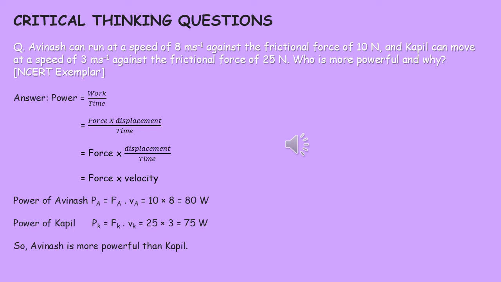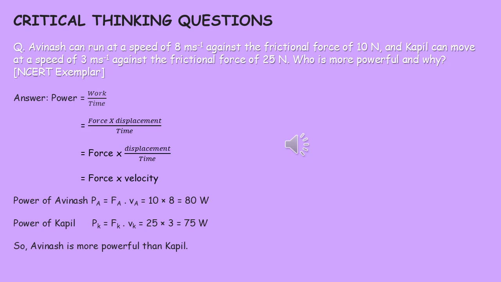And we know that work done is calculated by the formula force into displacement. But displacement is not provided in the question. Rather, speed of the two boys are given. So how to solve it?